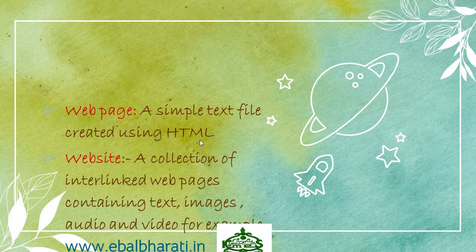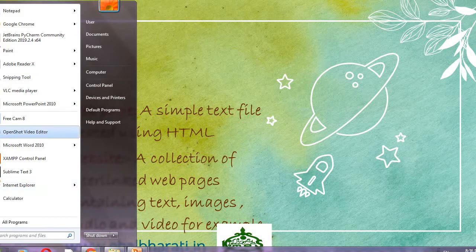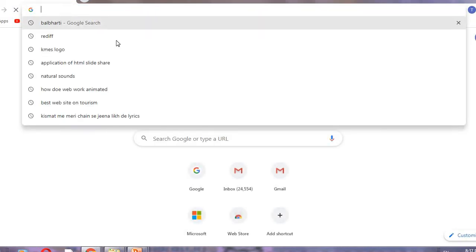This is the definition of a web page. A simple single page, created using HTML, hypertext markup language. Now if I open any website, it has many web pages. Example, KMS.